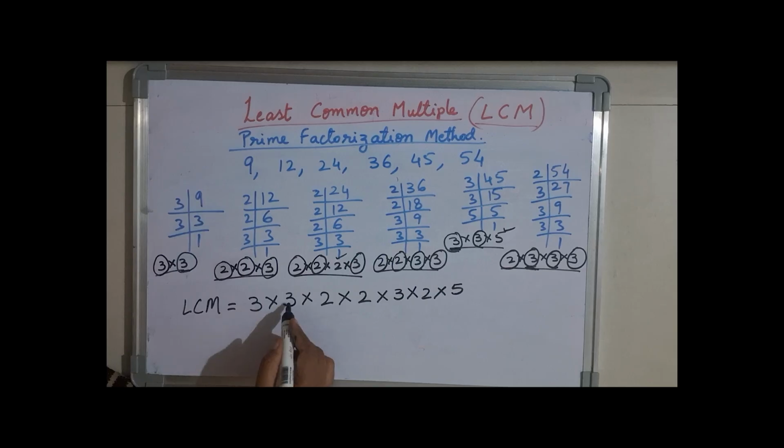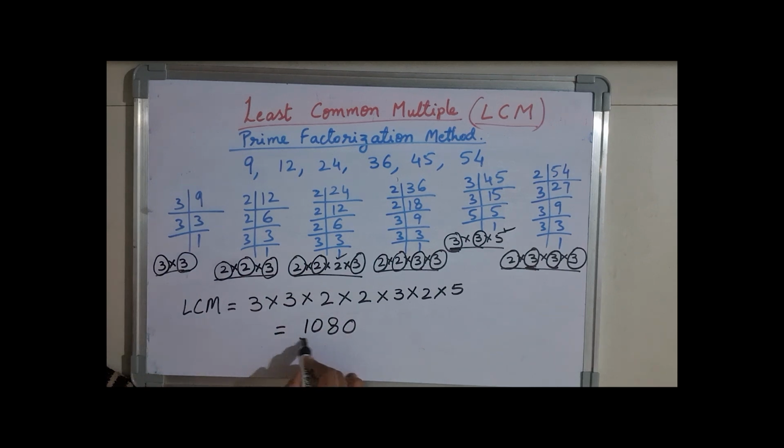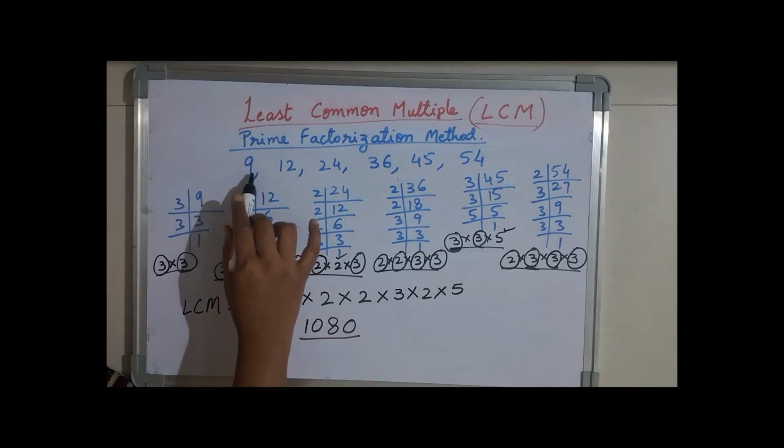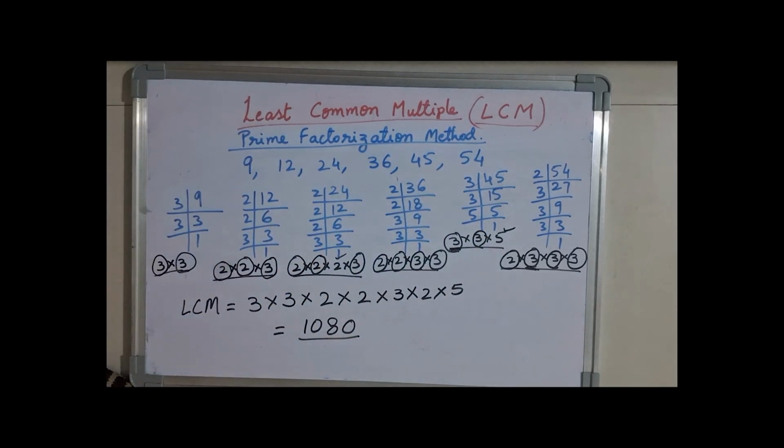Now we got 3 into 3 into 2 into 2 into 3 into 2 into 5, which will be equal to 1080. So 1080 is the LCM of 9, 12, 24, 36, 45 and 54. In this way we should find the LCM by the prime factorization method.